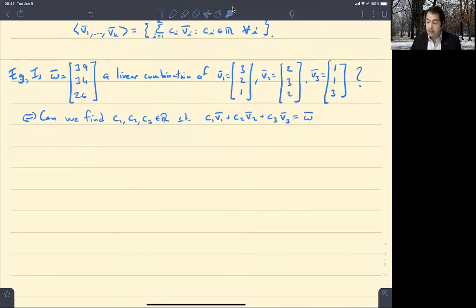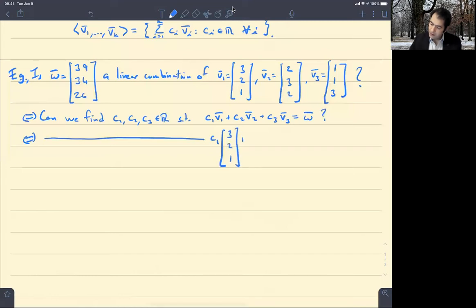And so we're just asking, can you find a vector that looks like this, which is equal to w? Okay, so putting in the coordinates, this is the same as asking, can we find C1, C2, C3 such that C1 times 3, 2, 1 plus C2 times 2, 3, 2 plus C3 times 1, 1, 3 is equal to W. W was 39, 34, 26.